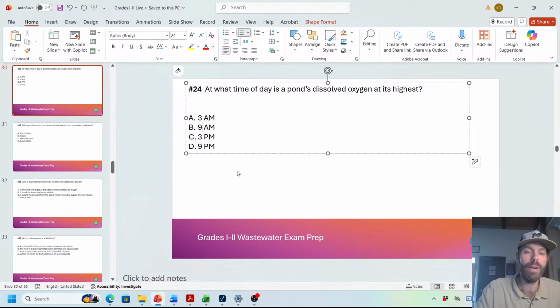Dusk or dawn might be written as well. So at dawn, as the sun's getting ready to come up, the dissolved oxygen would be at its lowest. All right. So let's get back to it.